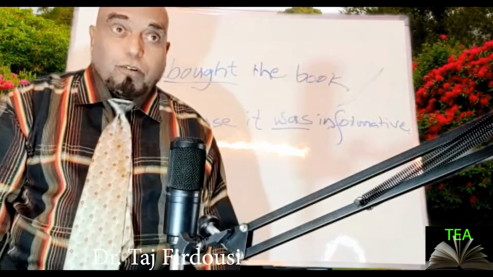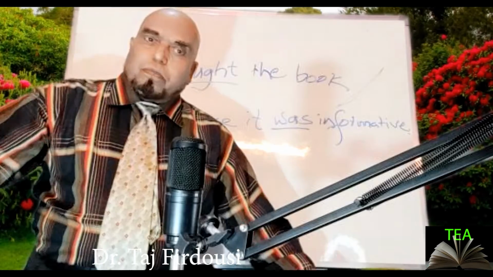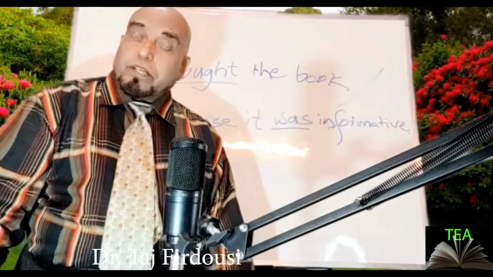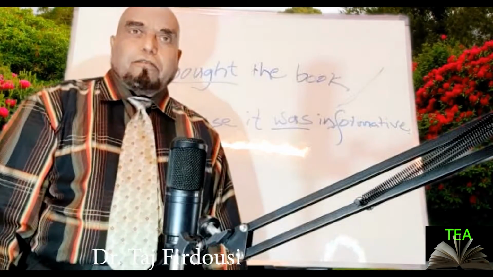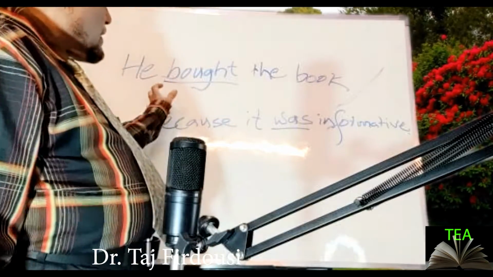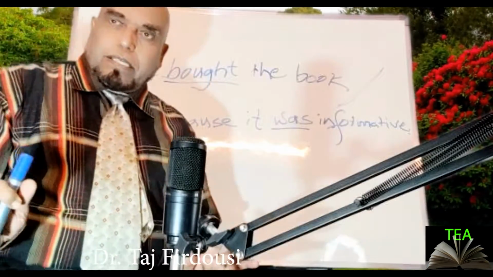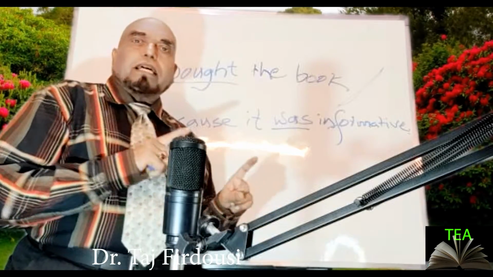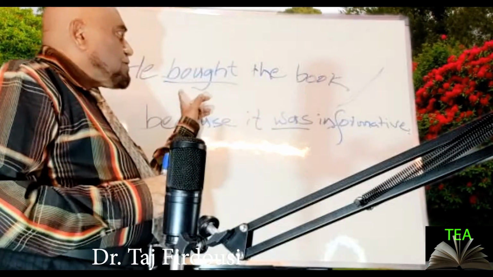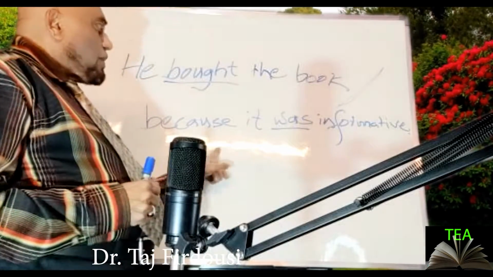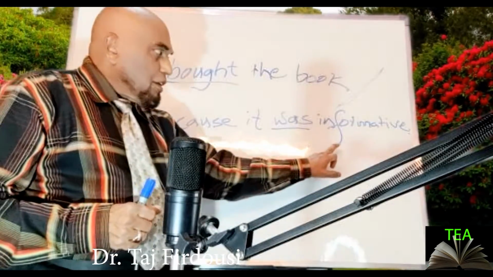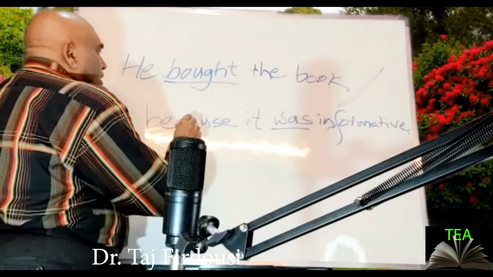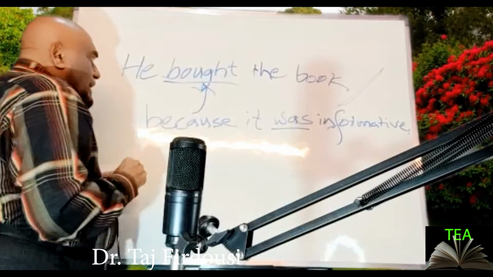For example, if you go to a place and say to a man, excuse me, because it was informative, the man doesn't understand anything. But if you say he bought the book, at least you make him understand that there is some person and he bought the book. If you say the full sentence, he bought the book because it was informative, that gives the reason for buying.